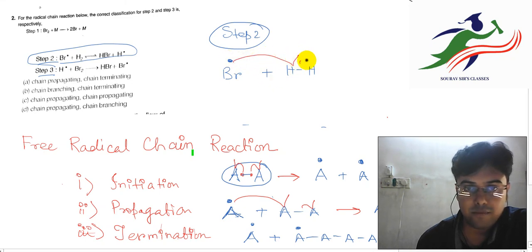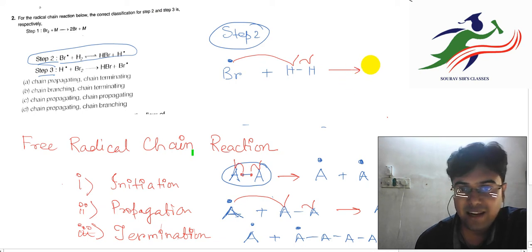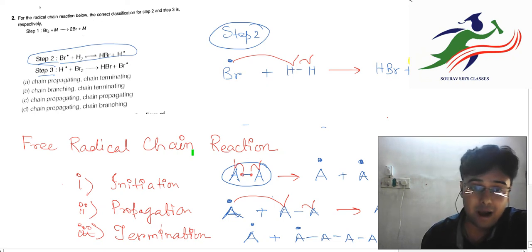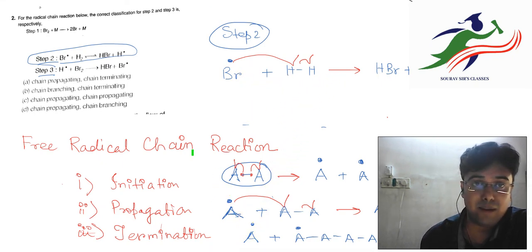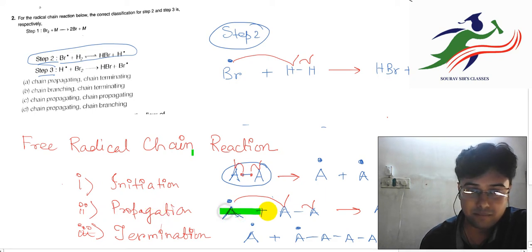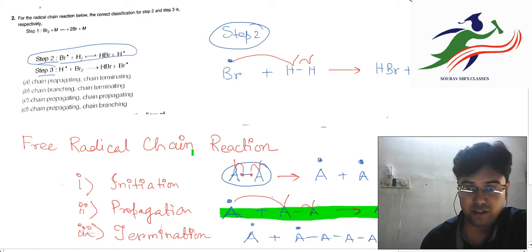This is what we would expect, and then HBr and H dot will be formed, right? So which among these three options would be resembling this one? See, it is resembling this one, isn't it so? Yes, so it is a propagation type step.